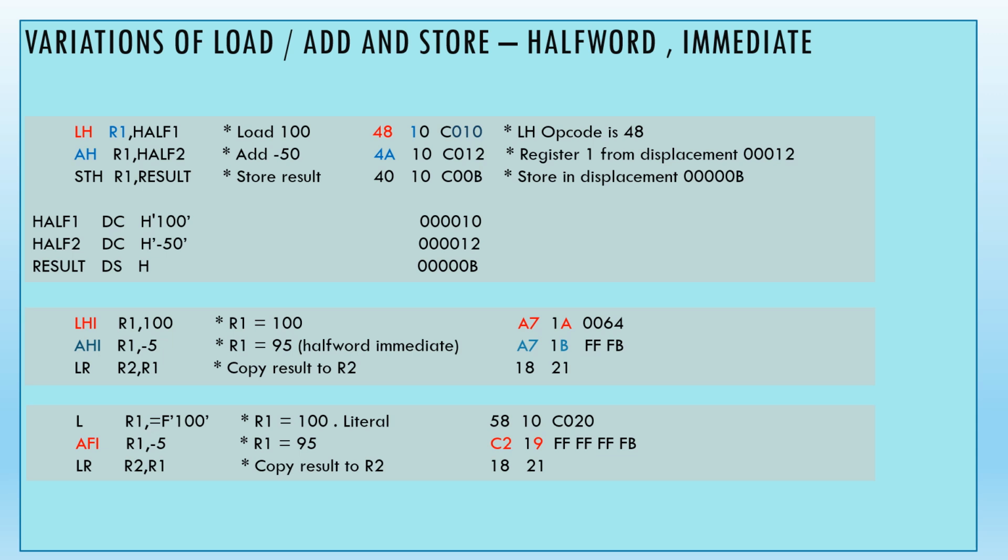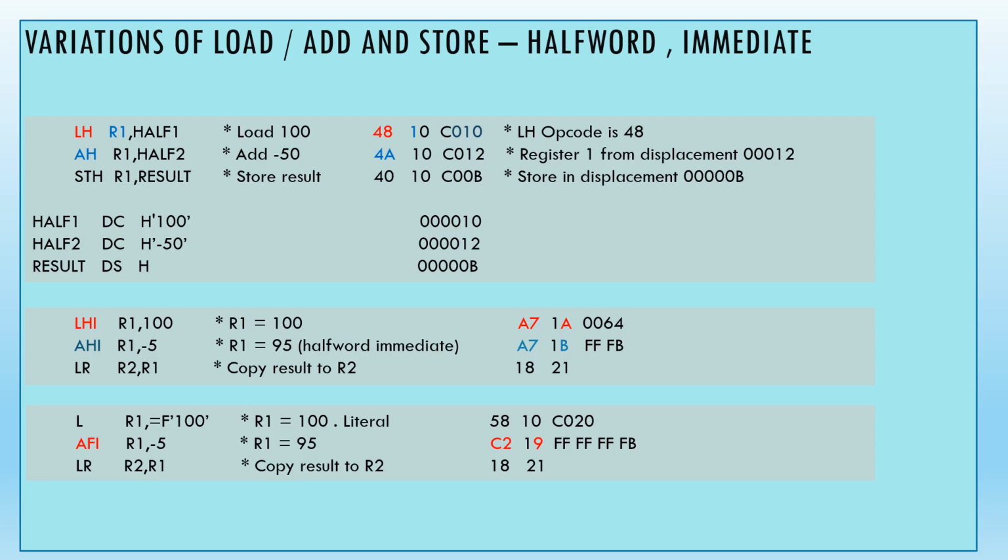AFI, this is another instruction where you are adding a full word immediate. So R1, again register 1, and -5 is the value. Interestingly, AFI is C2 9, register 1, and -5 is FF FF FF FB.